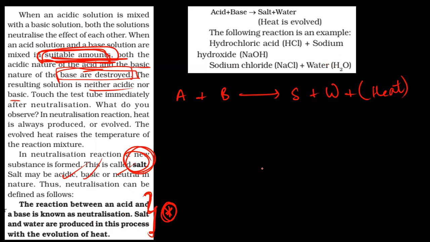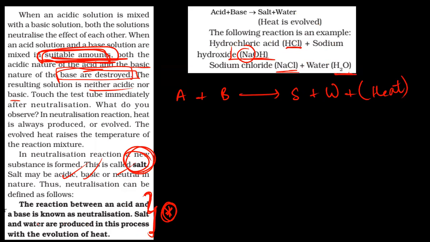So first of all, you need to know that hydrochloric acid is a strong acid. Sodium hydroxide is a strong base, which means I'm going to get a neutral salt, which is sodium chloride, and water and heat. You can learn the chemical formulas: hydrochloric acid, HCl; sodium hydroxide, NaOH; sodium chloride, NaCl; water, H2O.